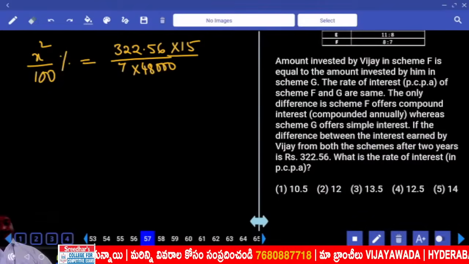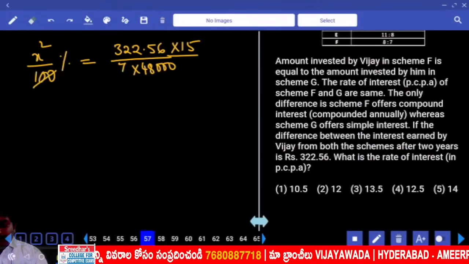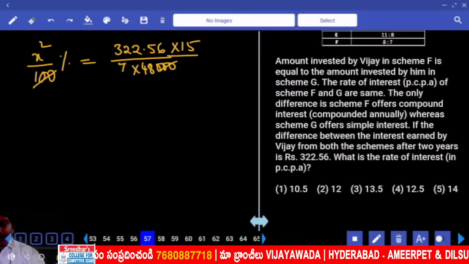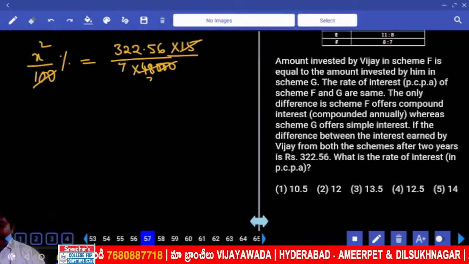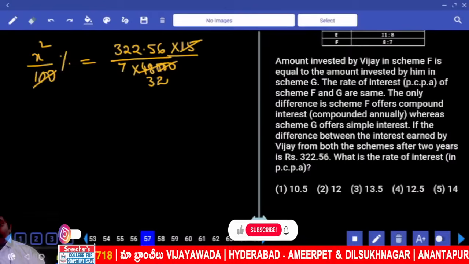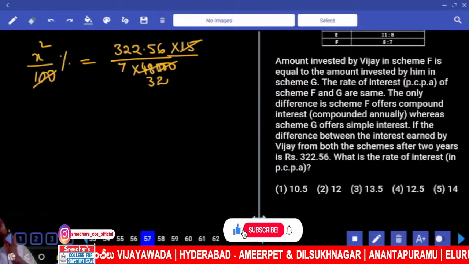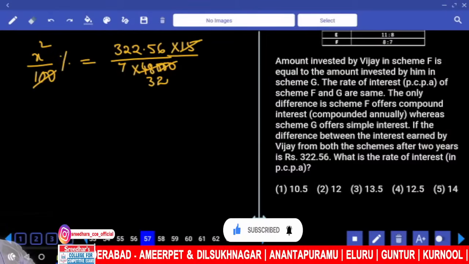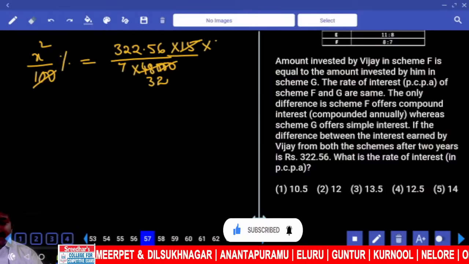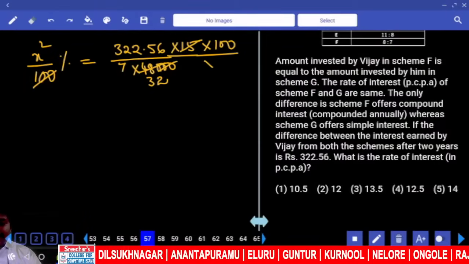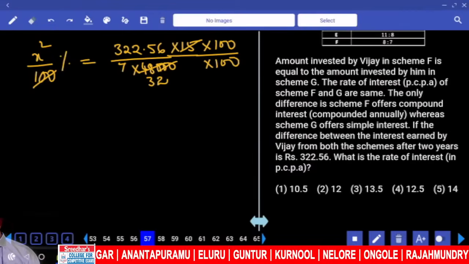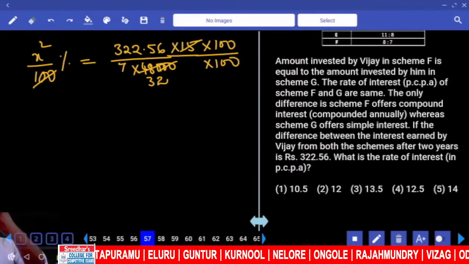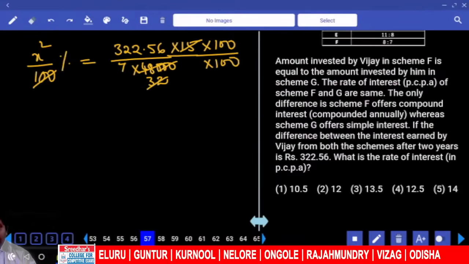Multiple options are there. 2 zeros cancel. 15, 30, 2 times. Correct? In numerator, there are 2 digits after decimal. So to avoid that, let's multiply numerator and denominator with 100. Okay, now assume decimal is not there.